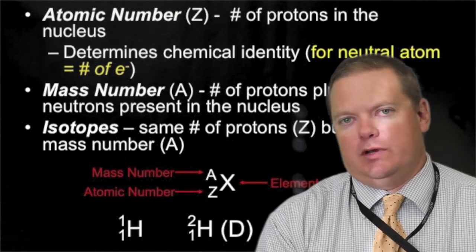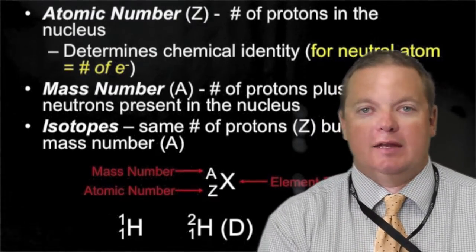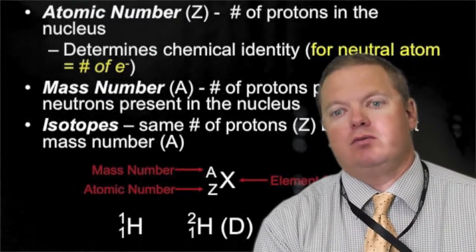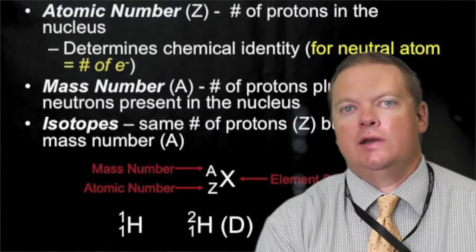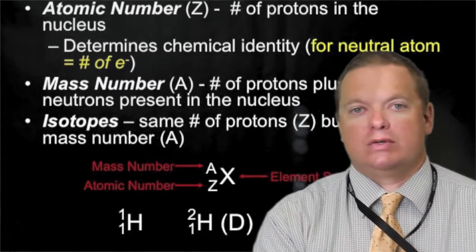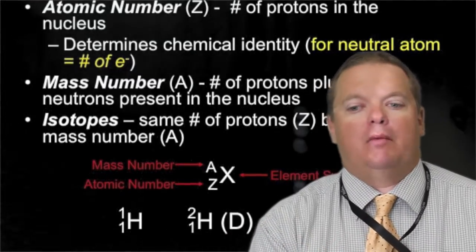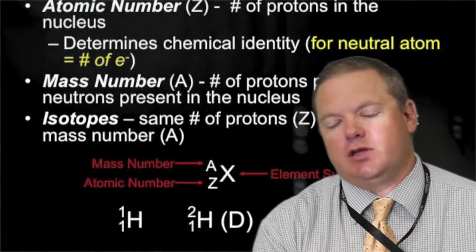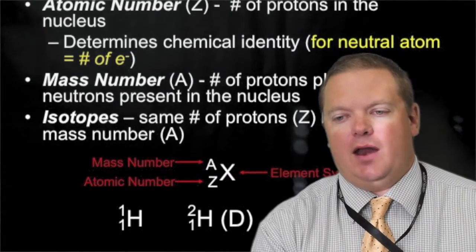If the number of protons changes, the identity of the element changes. For example, hydrogen has 1 proton, so its Z number is 1. Something like carbon has 12 protons, so its Z number is 12. Every time we change the number of protons, the identity of that atom changes.